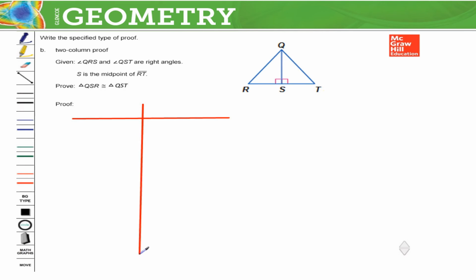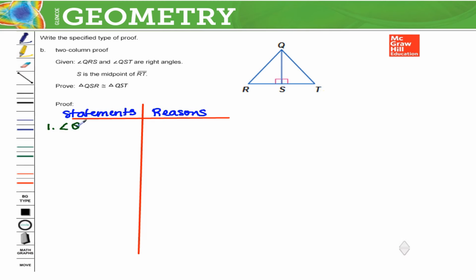On the left, we put the statements, and on the right, we put the reasons. Often, the first statement will be the given, and we'll do exactly that.